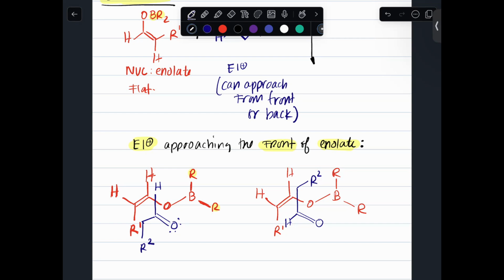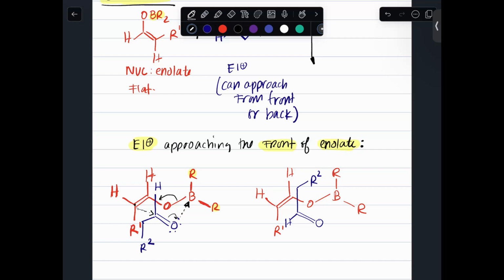If you draw what's happening, my carbonyl oxygen is complexing to my boron. It's my alpha carbon that has to complex to my carbonyl. And I have to generate my double bond so that you can kind of see how they're approaching each other and forming a six-membered ring.